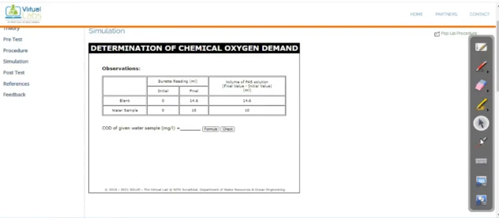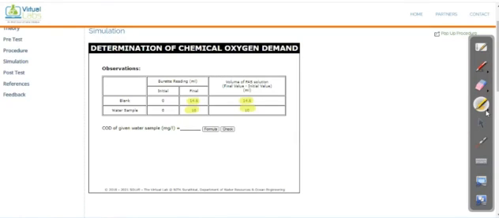Here the table comes, and this table shows one reading, which is the blank reading, and one is the water sample reading. The initial value of the burette is 0, the final value is 14.6, and the water sample we got is 10. So this one is 14.6, the blank, and the other one is 10 from the water sample. It means the volume of FAS solution is 14.6 and 10.